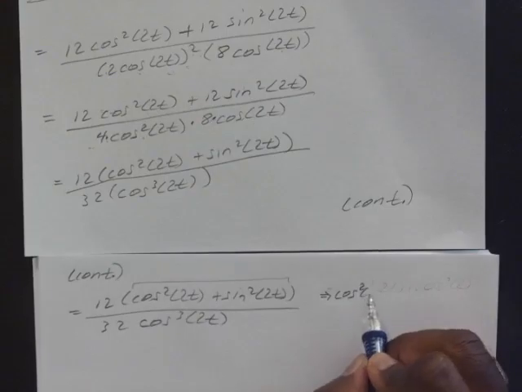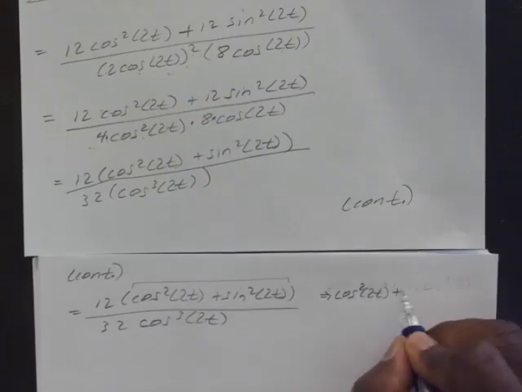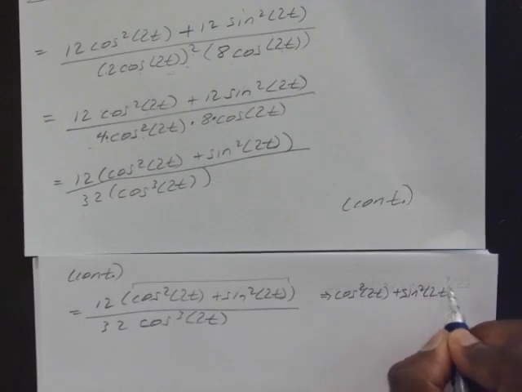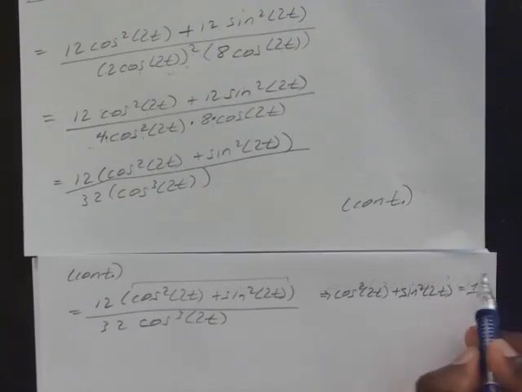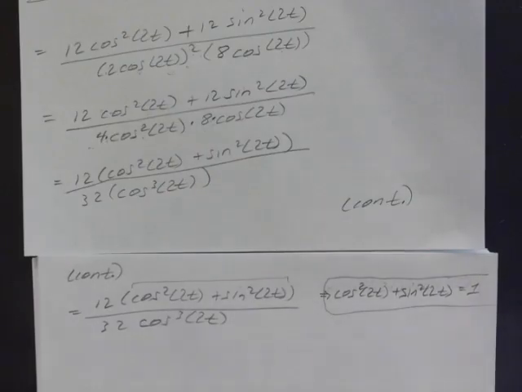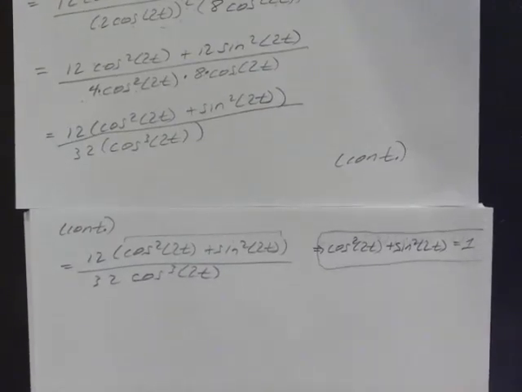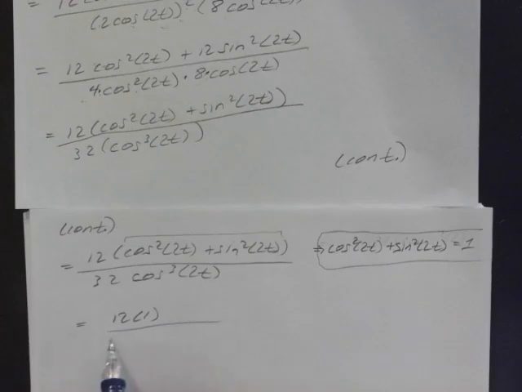So cosine squared of 2t plus sine squared of 2t is equal to 1. So we could rewrite this as 12 times 1, or just 12. I just wrote the 1 just because, divided by 32 times cosine cubed of 2t.